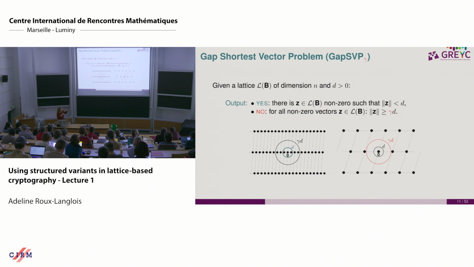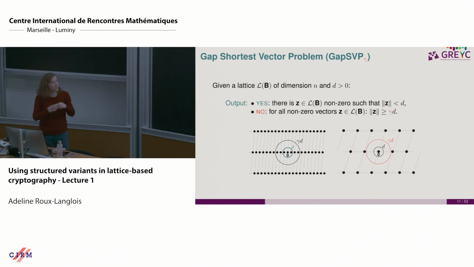So now you see that to have a yes and no instance, the lattices are really different from each other. One has to be much more dense than the other one to be able to have a yes and a no instance. So that's the intuition to say, okay, now I had this approximation factor, and it becomes easier to solve, because my two lattices will be quite different if I have a yes and a no instance. So I hope it will be easier to solve.